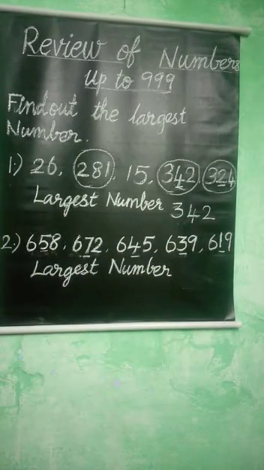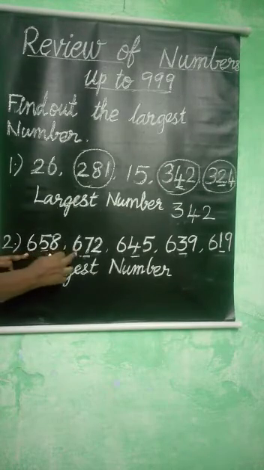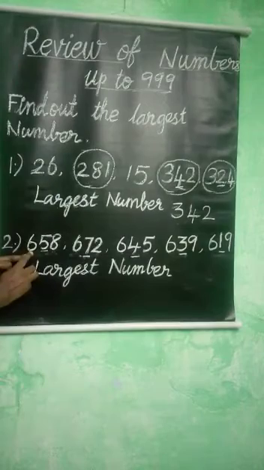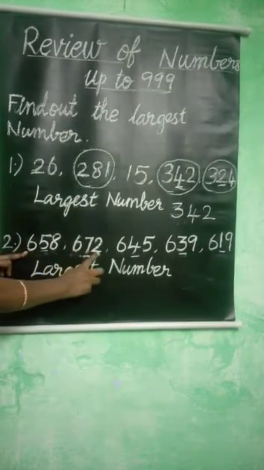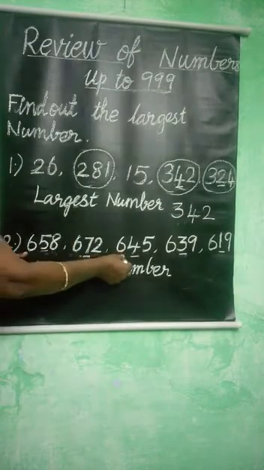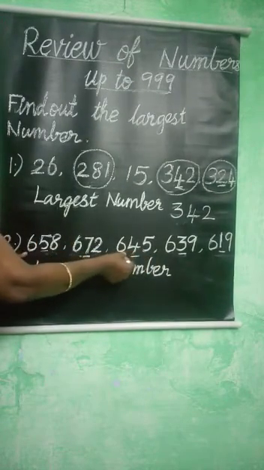If the number of digits are equal, then we have to check the 100 place to find out the largest number. Now look at the 100 place. In 658, 6 is present in 100 place. In 672, again 6 is present. In 645, 6 is present.